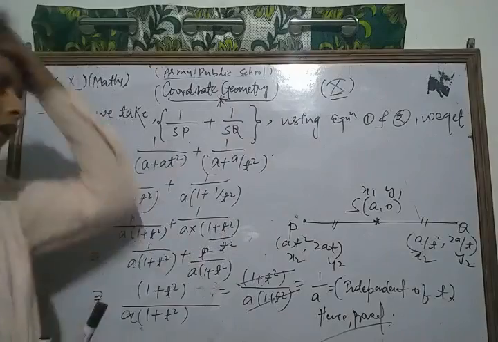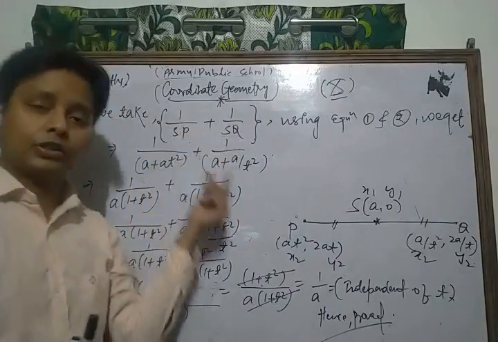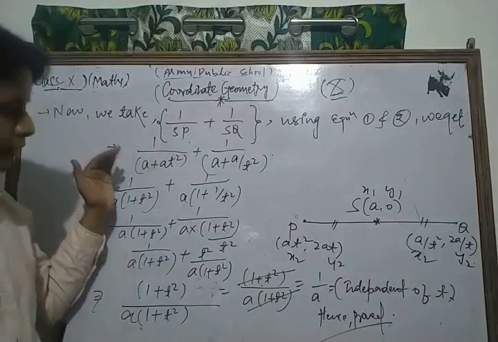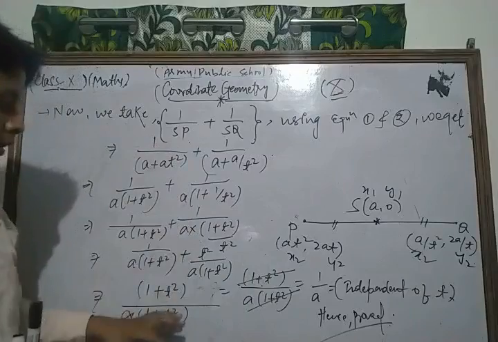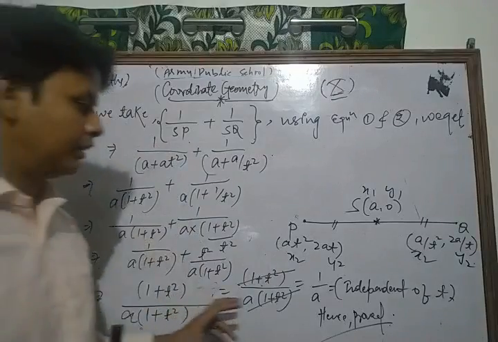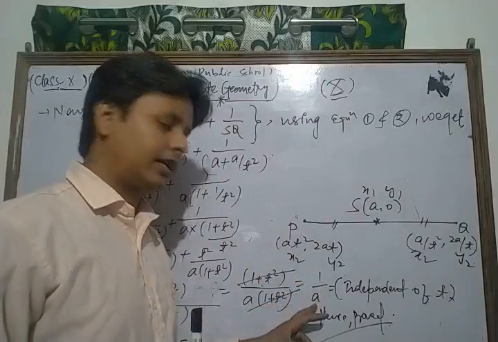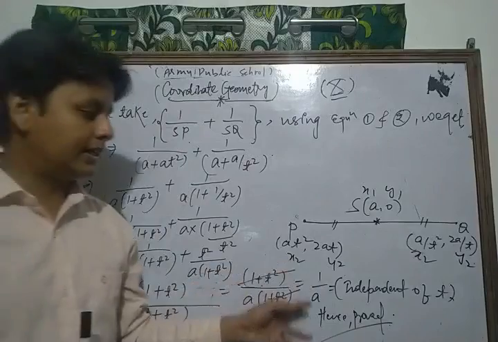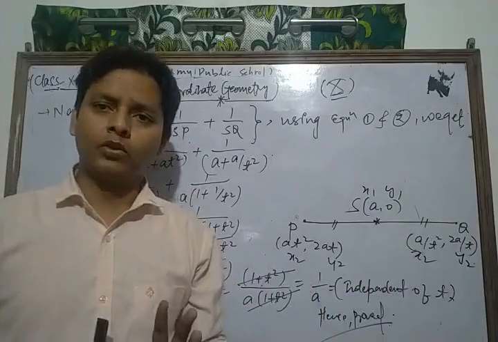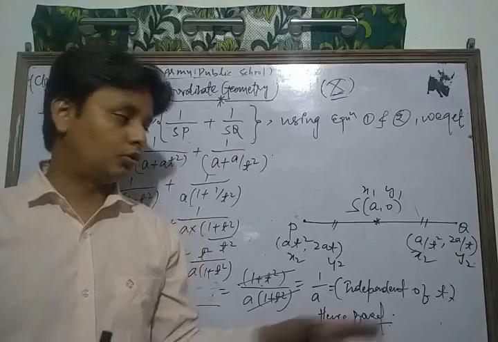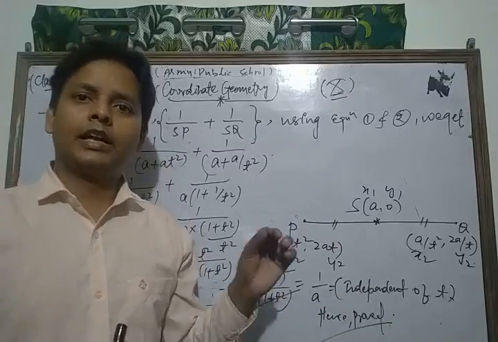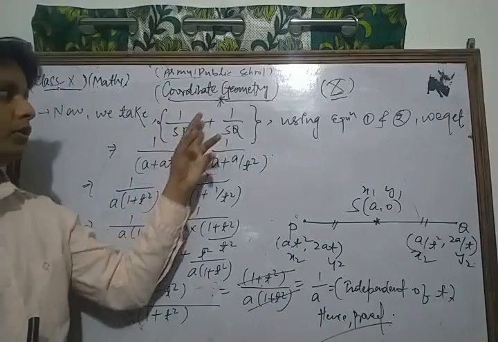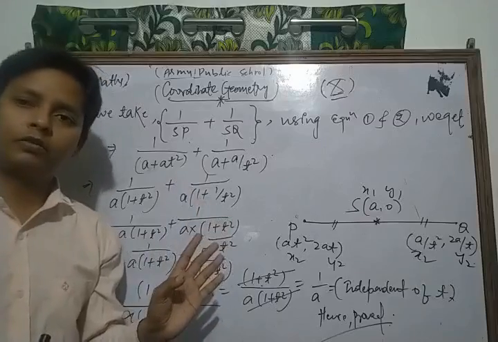So after finding the value of SP and SQ, we substitute these values in that expression, and after simplifying them we get 1 upon a, and 1 upon a is independent of t. So this is the process. In this way we can say that the expression 1 upon SP plus 1 upon SQ is independent of t.